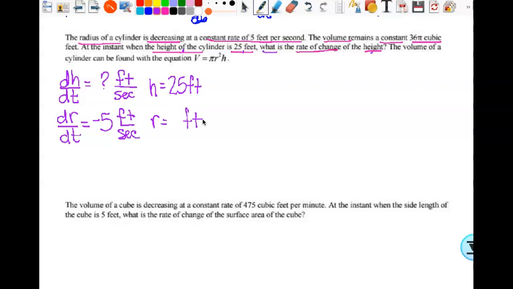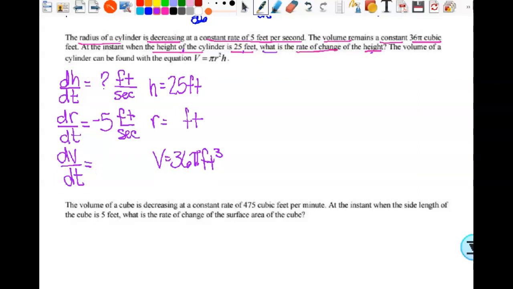Then it says the volume remains constant at 36 pi cubic feet. So that means my volume is 36 pi cubic feet. Since they gave me that, I also need to have something for dV/dt.